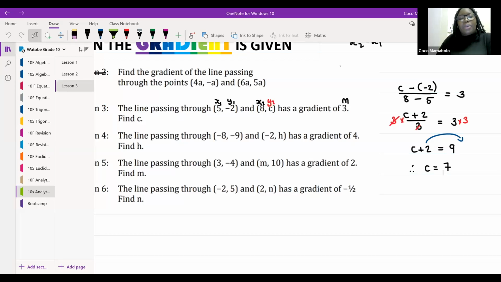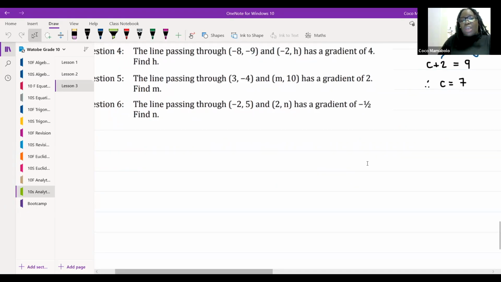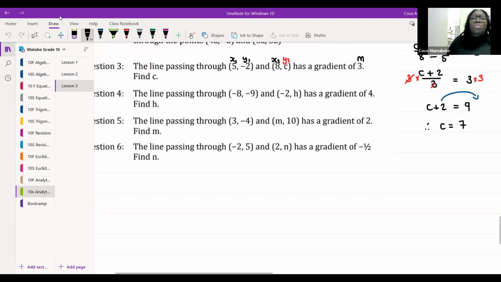I'm guessing everybody was okay with number 4. Number 4 wasn't an issue because we were all able to figure out how to do this one. We just done it with ma'am. So it's not difficult. Let's have a look at number 4. So I know my formula, y2 minus y1 over x2 minus x1 is equal to m. So I'm going to substitute in.